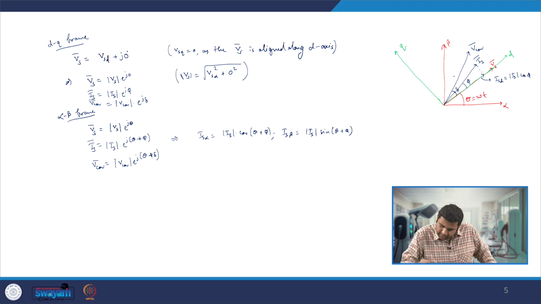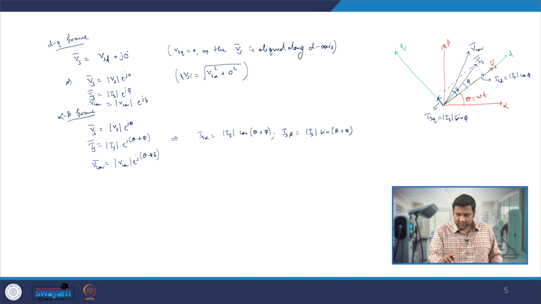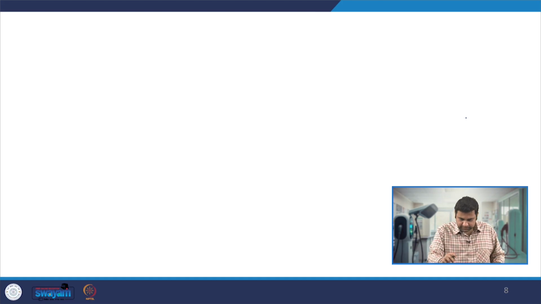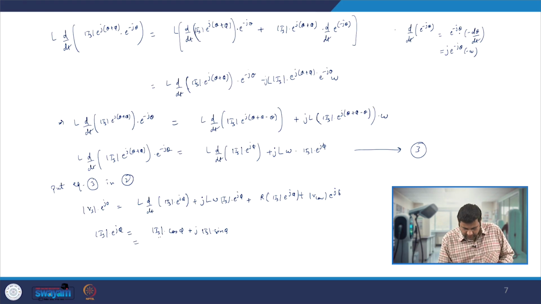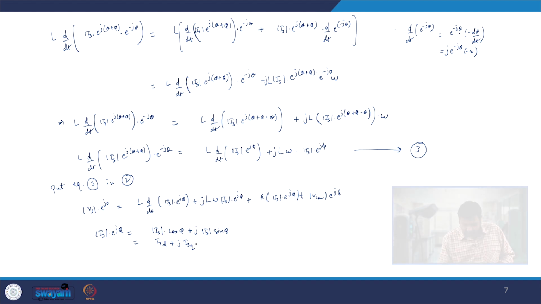And if we take the q component of this, so this one will be nothing but Isq, modulus Is sin phi, magnitude. So this is what we can write over here. This one is nothing but Isd, and Is sin phi is nothing but j Isq.